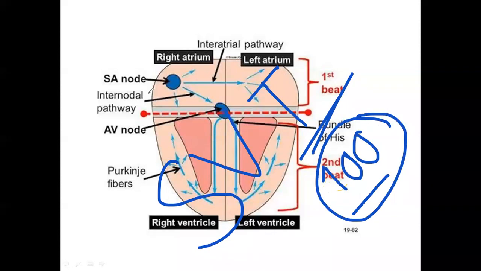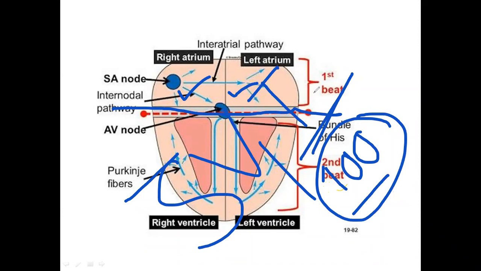But my friend, this is the atria, left and right. And this is the atrioventricular separation. This is ventricle, this is ventricle. Atria is superior to the ventricle.